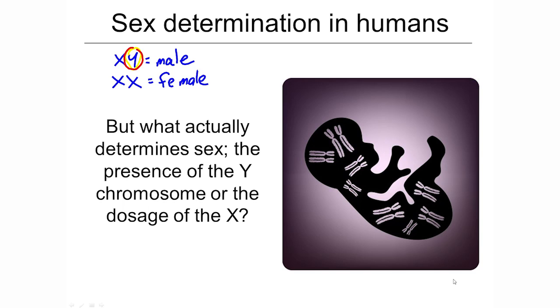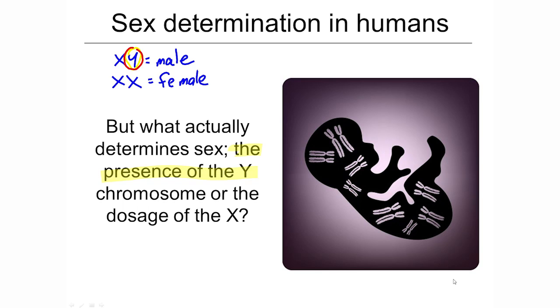And that's logical because females don't have any Y chromosomes, so they become female. Males do have a Y. So one hypothesis is that it's the presence of the Y chromosome that causes maleness, if you want to say it that way. The presence of the Y.